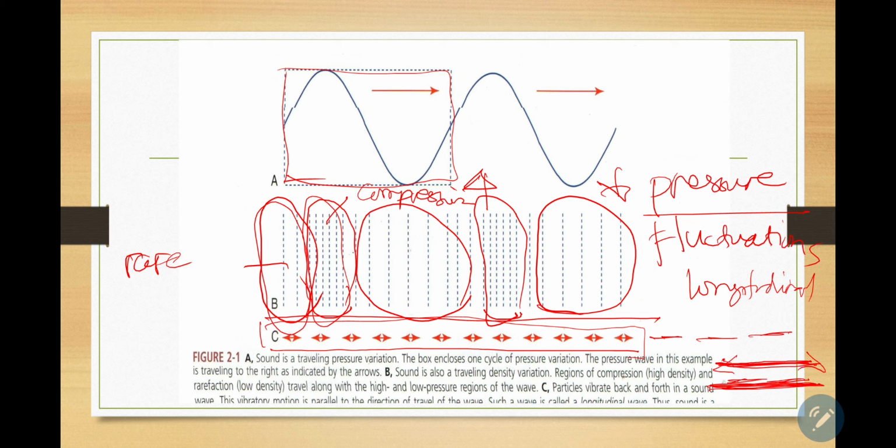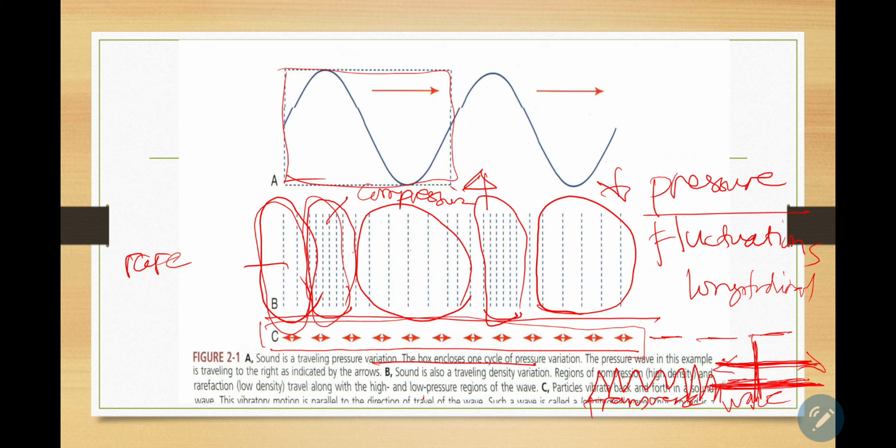While when the direction is perpendicular, like for example, instead na diretso siya ng ganyan, paganyan-ganyan siya, pataas pababa siya, that is called transverse wave. So it will produce transverse waves. And these are both useful in ultrasonography.